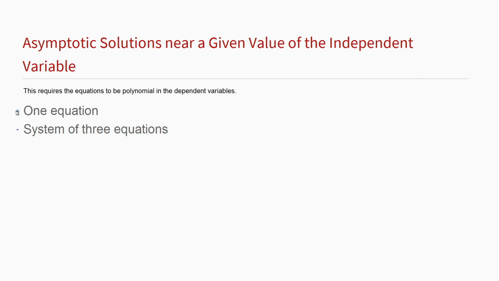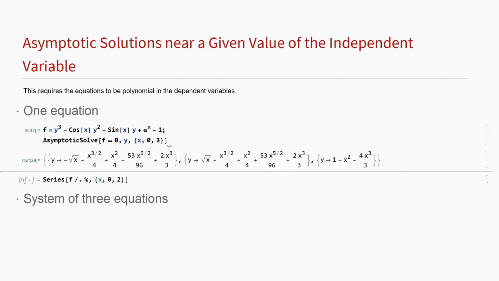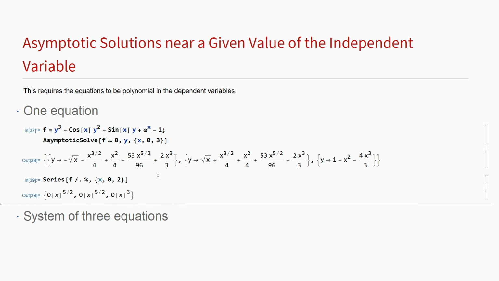And this requires the equations to be polynomial in the dependent variable so that we can guarantee that there are finitely many solutions. So it has to be polynomial in y, can still be analytic in x, and we get Poisson series solution. We check that it satisfies the equation.